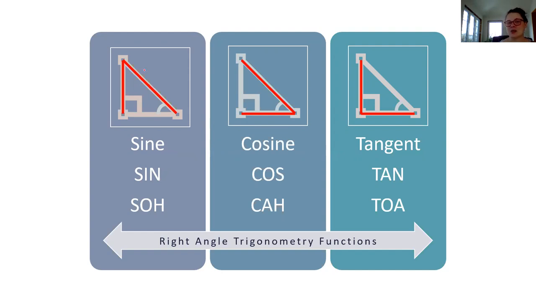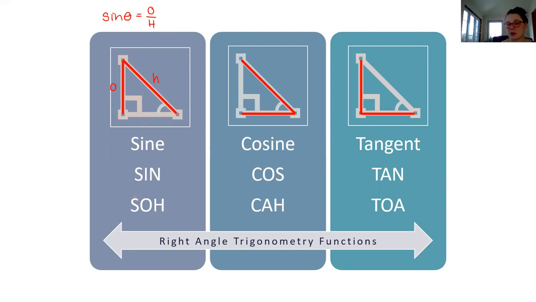And it is the relationship between the hypotenuse and the opposite side of a triangle. So what the sine ratio says, if we take the sine of an angle, it will always be equal to the ratio of the opposite side divided by the hypotenuse every single time.